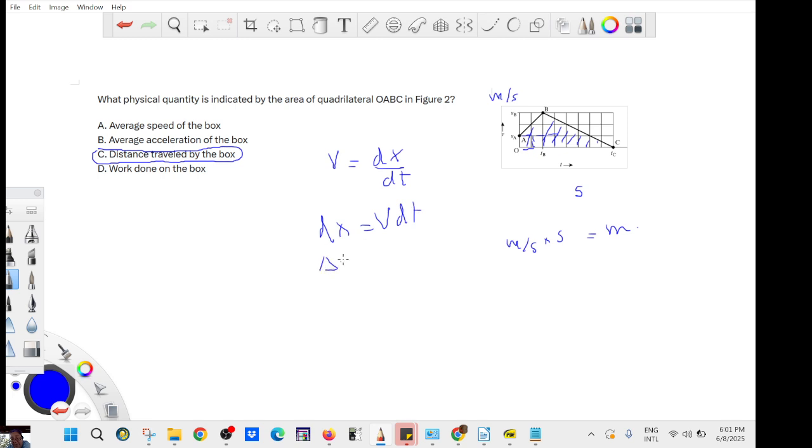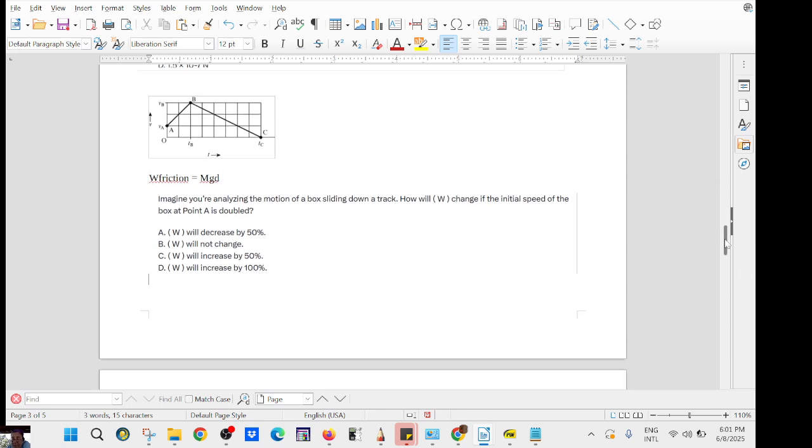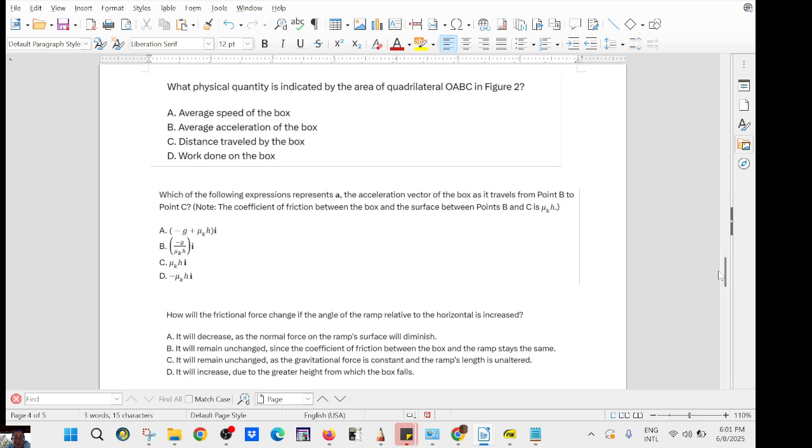So the distance covered is the integral under the function v from point A to point C, and you can divide those into 2 shapes. It's an interesting question because you just need to look at the units. Sometimes it's very important to know the units for the physical quantities.